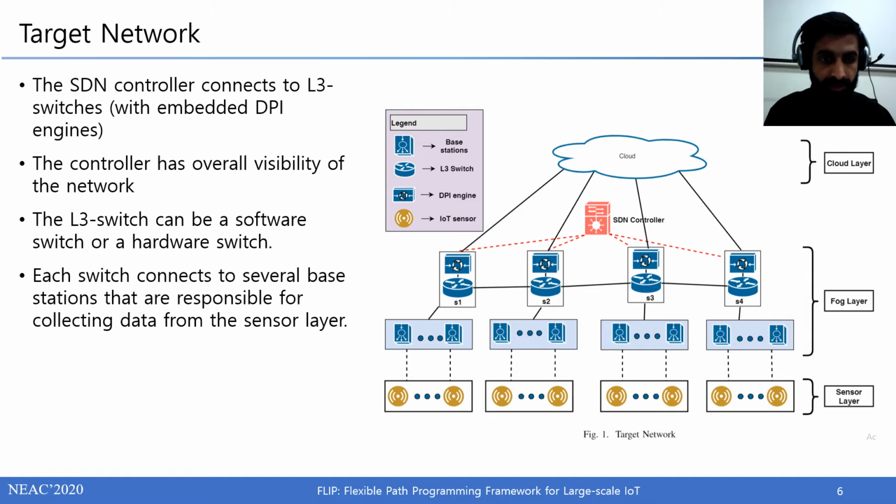All of these L3 switches are embedded with a DPI engine as well, and each of these L3 switches are in turn connected to multiple base stations, and each of these base stations are then connected to the IoT layer, in which each base station is connected to a cluster of IoT sensors, from which the base station is collecting data and then forwarding that data to the cloud through one of the L3 switches.